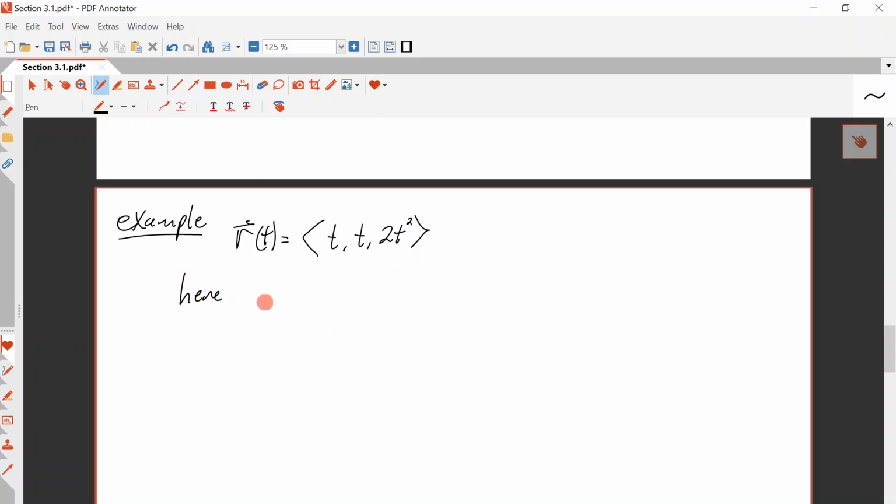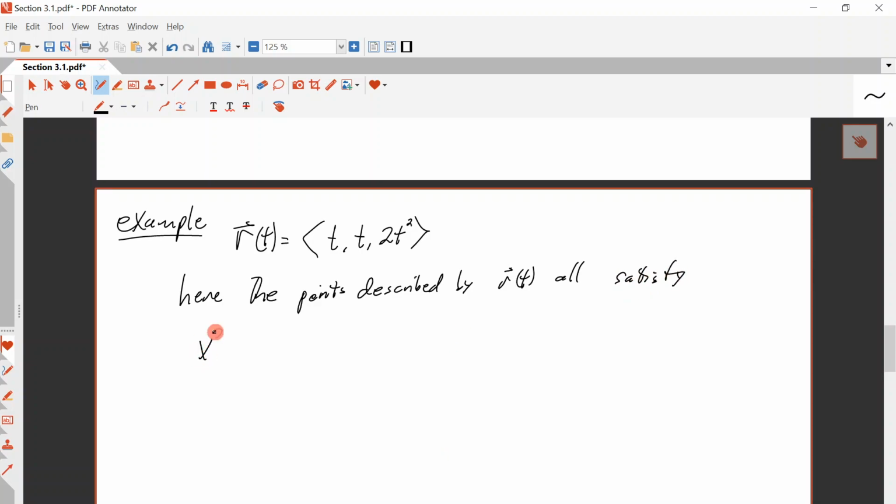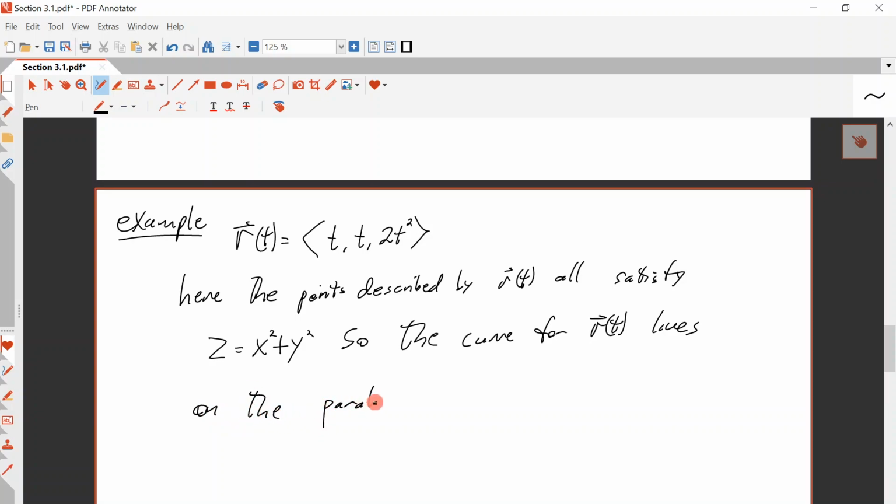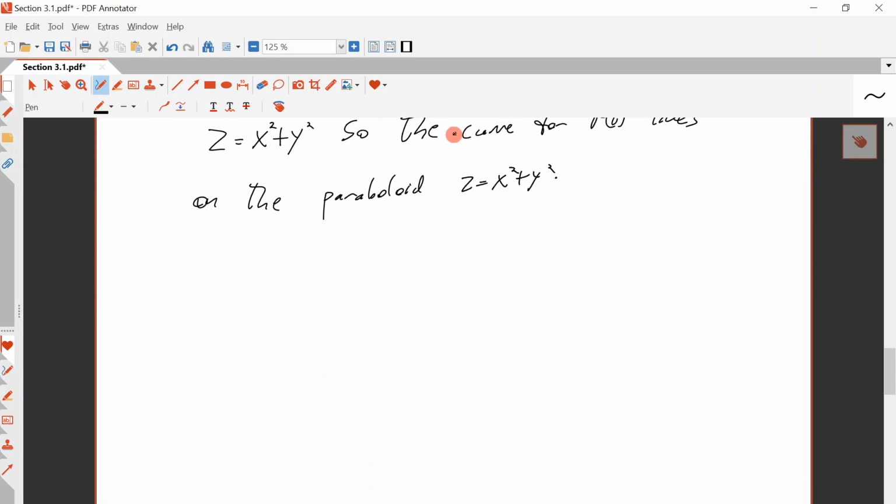So here, the points described by r of t all satisfy z equal to x squared plus y squared. So the curve for r of t lives on the paraboloid z equal to x squared plus y squared, and that looks like this.